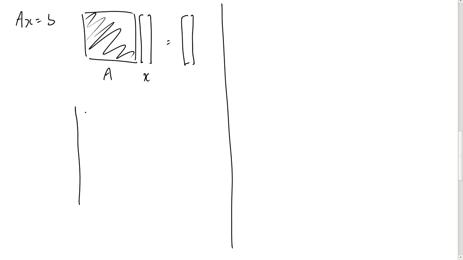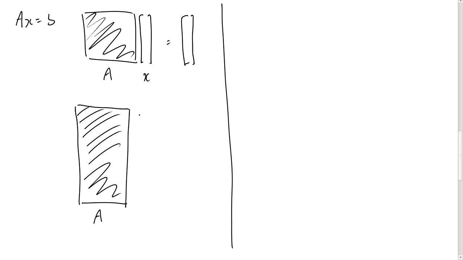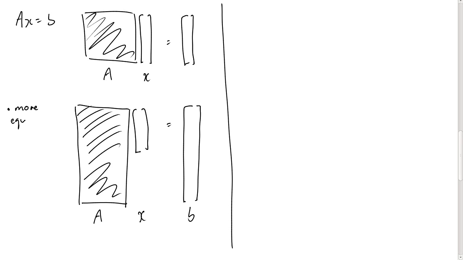But let's say, for example, that we have a system that has more equations. So let's say that A now looks like this. Our x is still going to be the same size, and our b is the same length as the number of rows of the matrix A. Now that system has more equations than unknowns, and unless you get really lucky, there won't be a solution x to those equations.